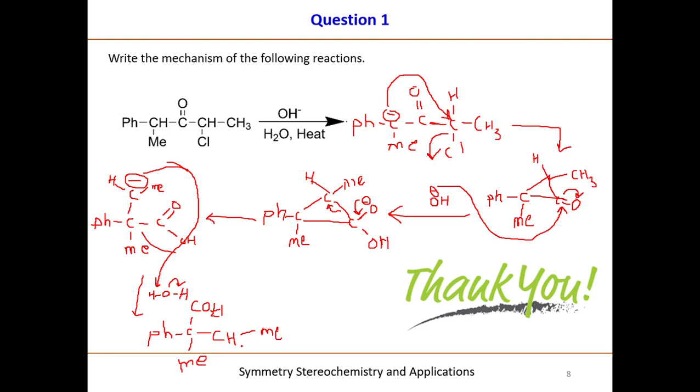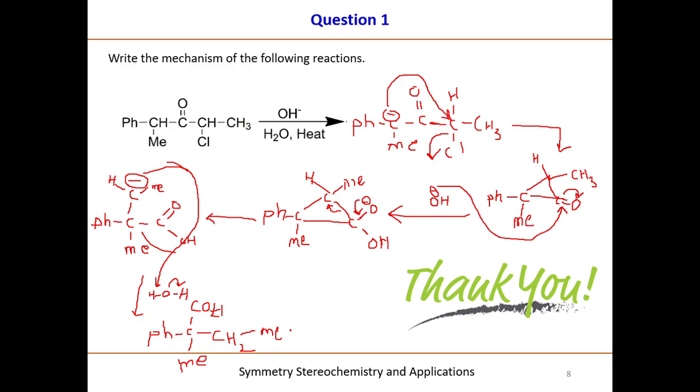Sorry, one proton was there previously. CH2 Me. So this is the product we will get in this type of rearrangement reaction. So here we are getting the acid formation here. And which type of rearrangement is this? This is the Favorskii rearrangement reaction. Correct? I hope all of you are clear with the mechanism.